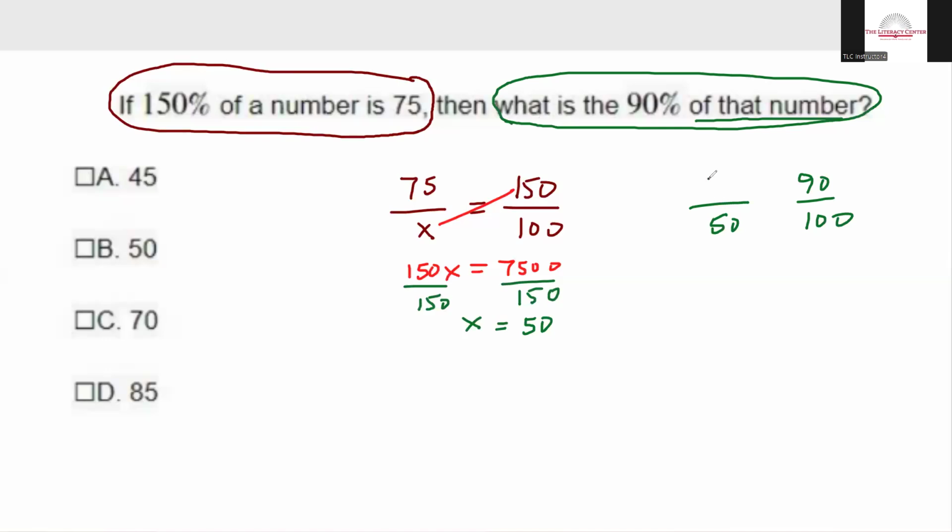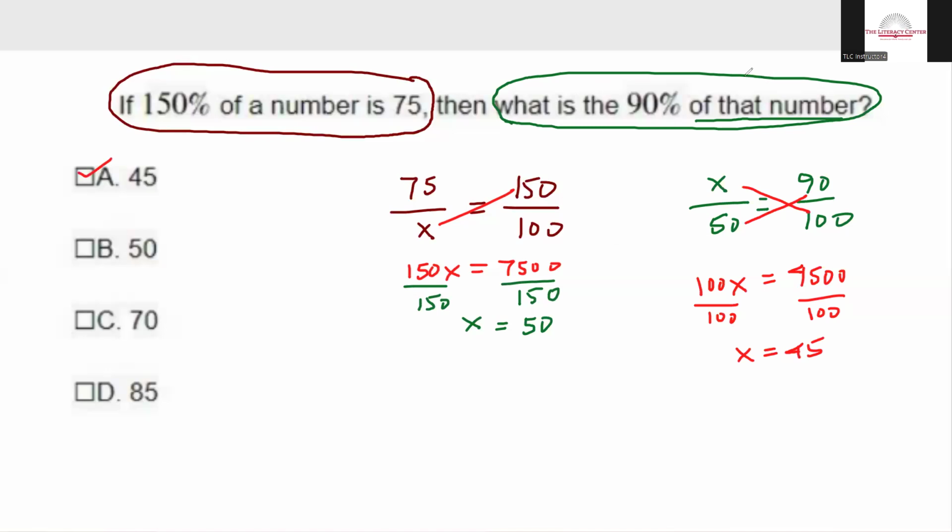What is, we put our x on top. And we cross multiply again. x times 100, 100x, equals 50 times 90, 4,500. And then we divide both sides by 100. x equals 45. That's the answer to this question.